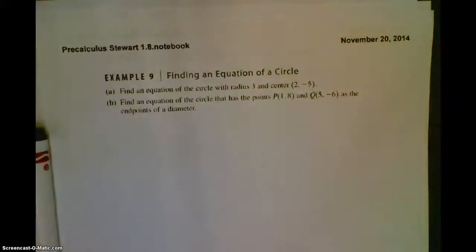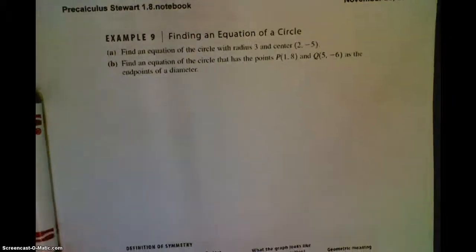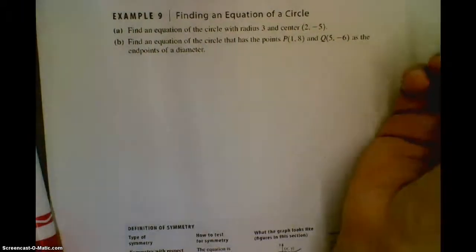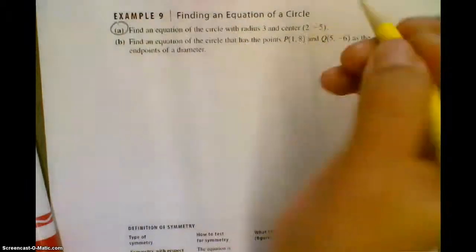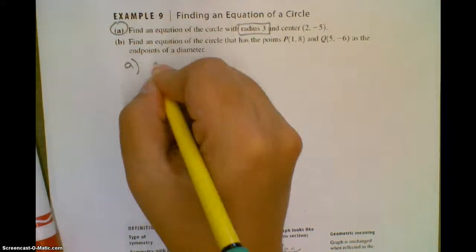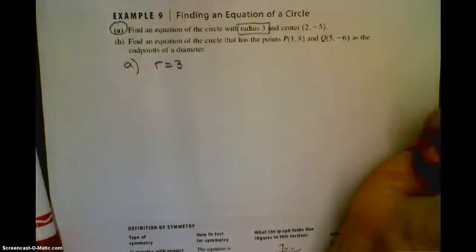So let me give you an example if this is a little bit confusing. Part A says, find an equation of the circle with radius 3 and center 2, negative 5. I'm going to read and see what information they are giving me. The radius is 3, so I know for part A, the r is 3.